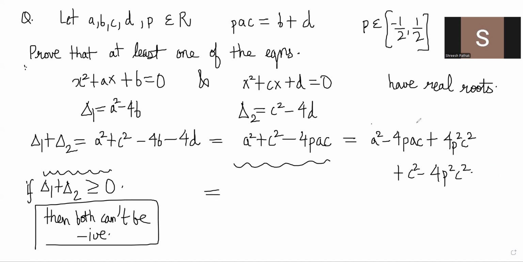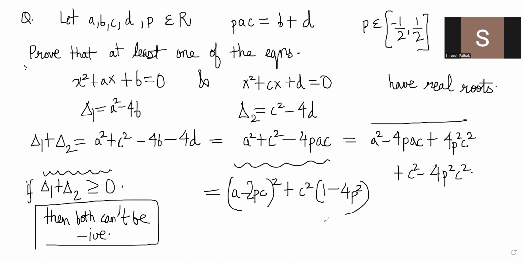This makes the first term a perfect square of a minus 2pc, and the second one has to be positive, right? Second one is positive because of this. Yes, sir. So the whole thing is positive now. So we have at least one as positive. That is the proof. We have shown that delta 1 plus delta 2 is greater than 0 for sure.